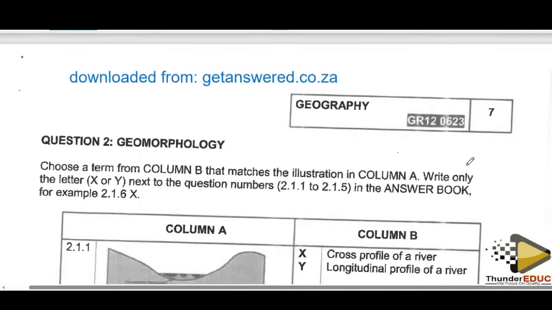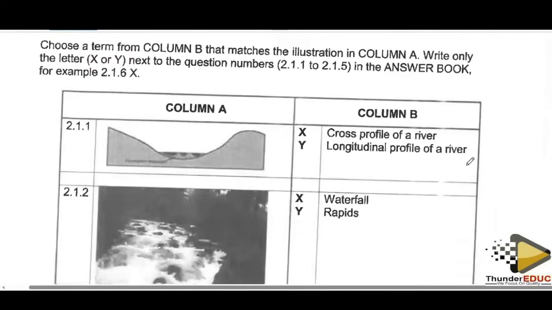For example, 2.1.6, which is X. All right. So we're just choosing a term from column B that matches the illustration in column A to make everything correct or true.